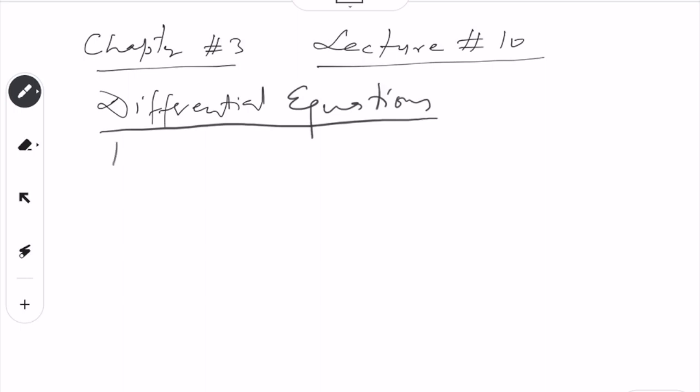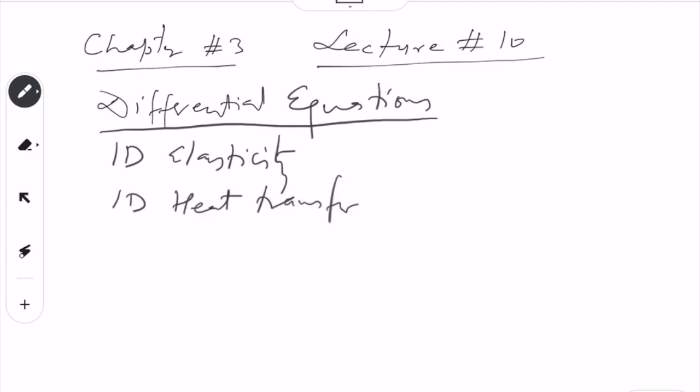So, 1D elasticity. Later on we will also look at 1D heat transfer, which is equivalent to actually 1D diffusion. Okay, so you will get the similar differential equation basically.